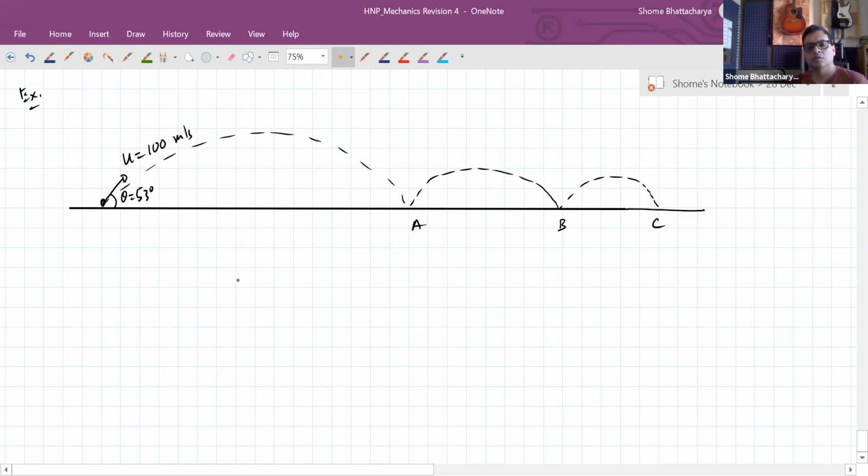Every time it collides, the coefficient of restitution is 1 by root 2.